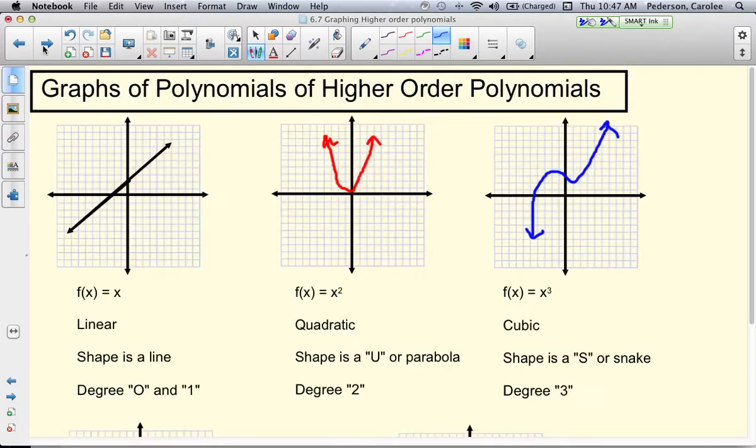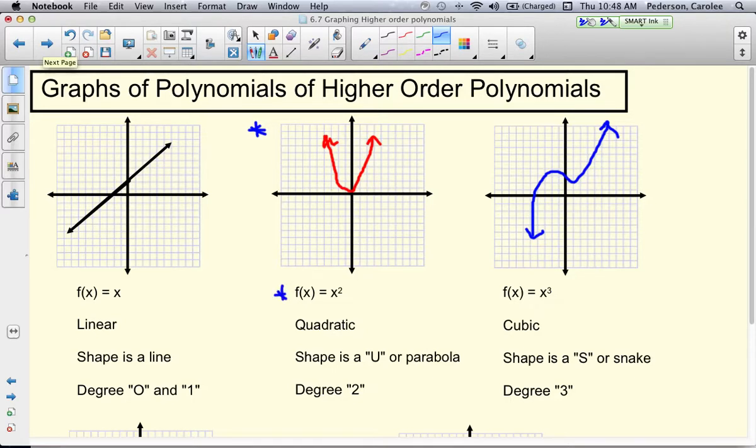So on the next slide are the graphs of higher order polynomials. We're going to focus more on the quadratics, cubics, quartics, and quintics. So I would recommend you write down the graph of this first one. It's a parabola. That was focusing on chapter 5, where the function is f of x equals x squared.